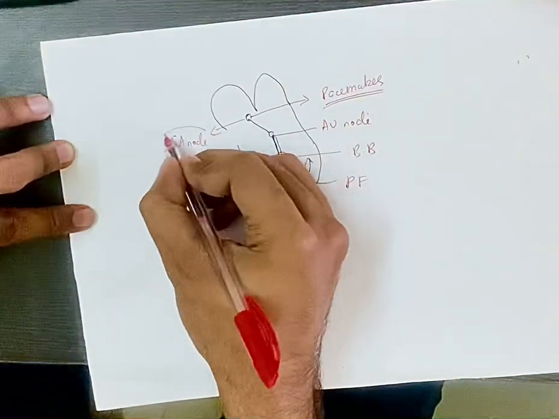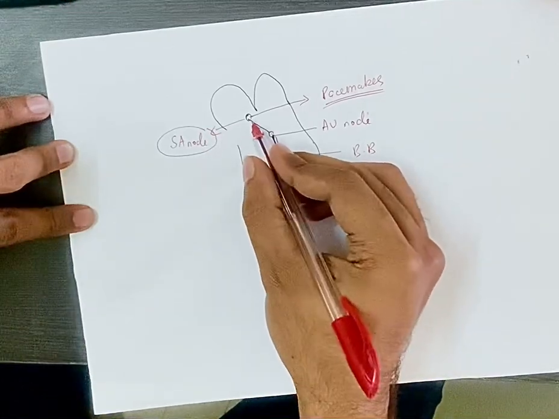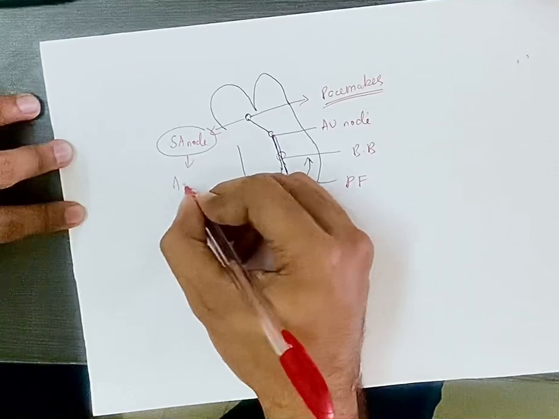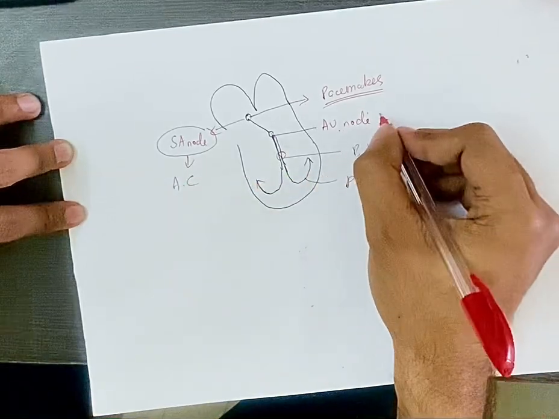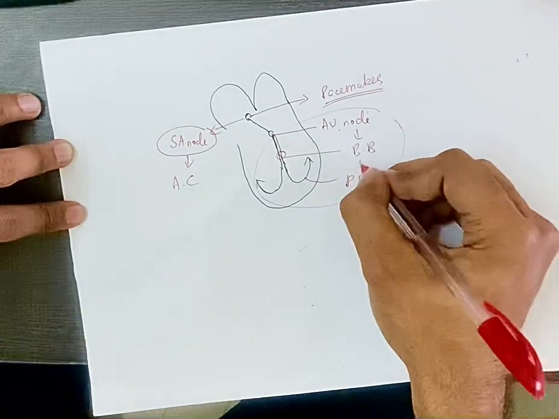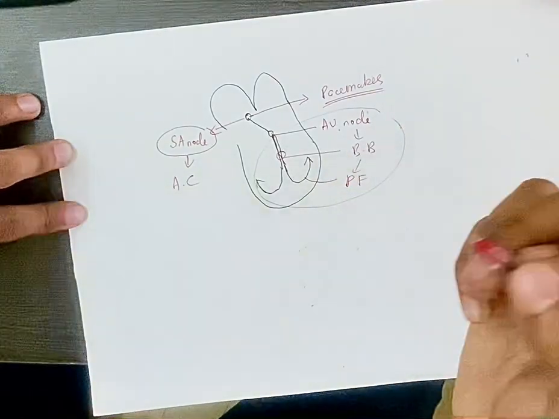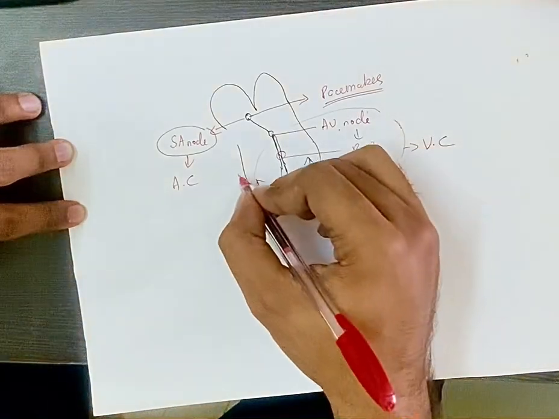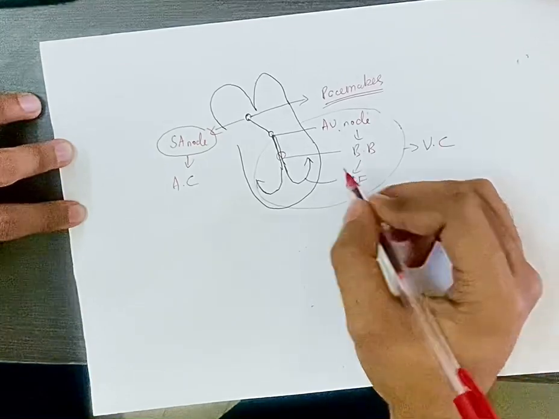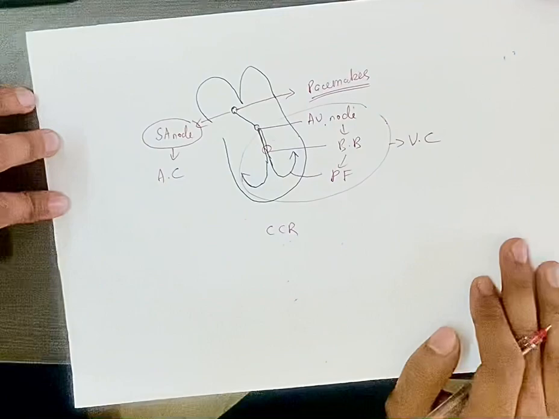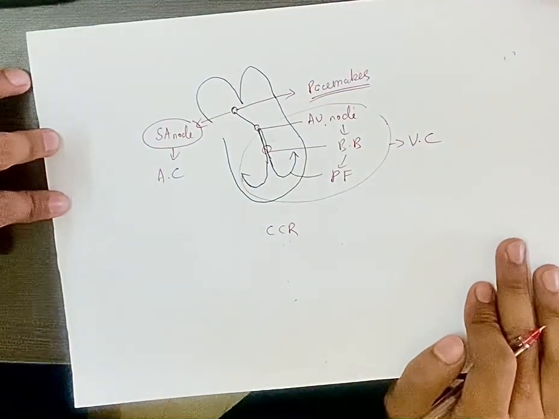Okay, when the SA node gets activated, it spreads the signal to the AV node, and this causes atrial contraction. When the AV node, bundle branch and Purkinje fiber spread the electrical impulses, it causes ventricle contraction. And when there is no electrical activity in the heart, when the SA node is not firing up, it is known as complete cardiac rest, right?